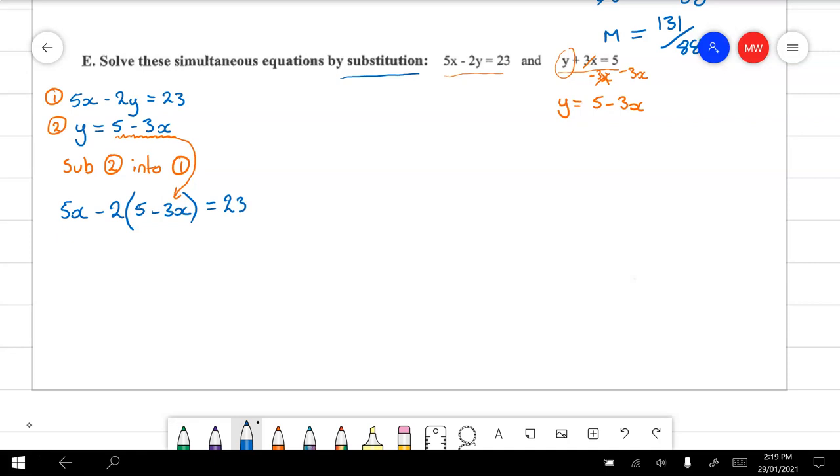So now I can expand and I can solve for x. I've got 5x, I've got minus 10, so that's negative 2 times 5, and then I've got plus 6x. Minus 2 times minus 3 is where I'm getting that from. I'll collect up my like terms, so now I have 11 x's.